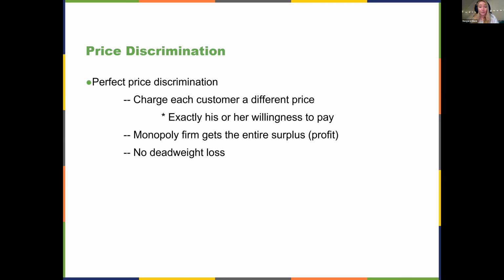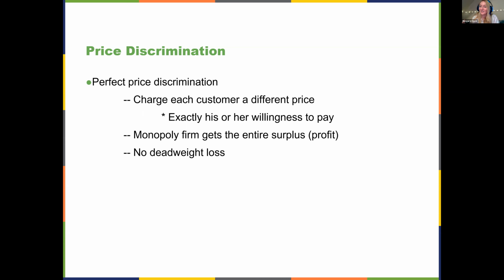I can't go anywhere else to buy coffee because they're the only business in town that sells coffee. So if somehow they're able to determine my exact willingness to pay, they would charge me my exact willingness to pay. I would get zero consumer surplus, and they would get all of what would have been consumer surplus in terms of profit for them.